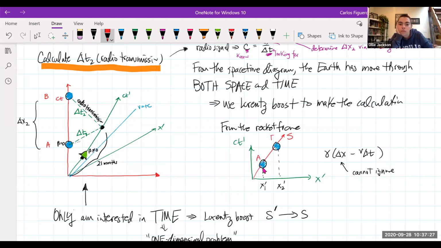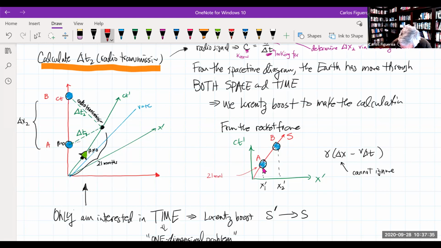This is the point B. So if this here is the 21 months as measured relative to the rocket, Earth continues to move this distance right here. So I need to account for this change in distance as it goes from point A to point B.